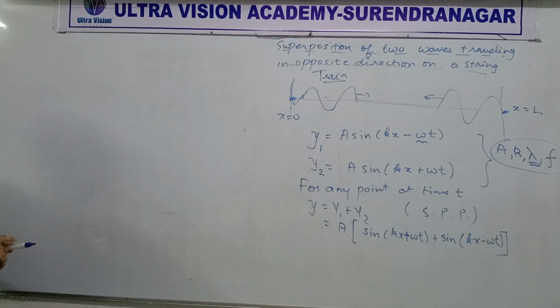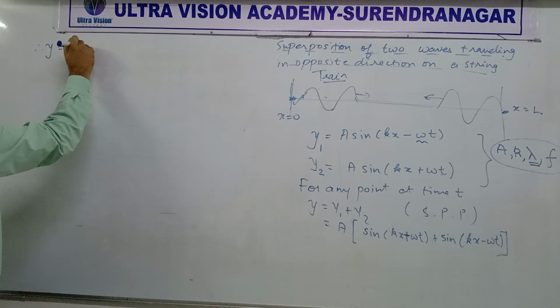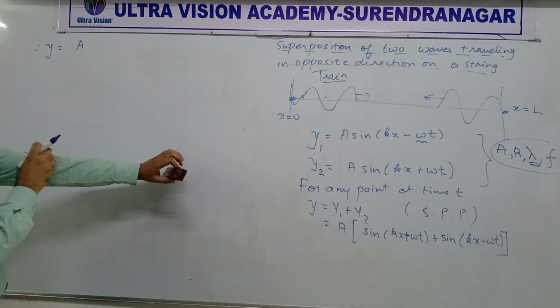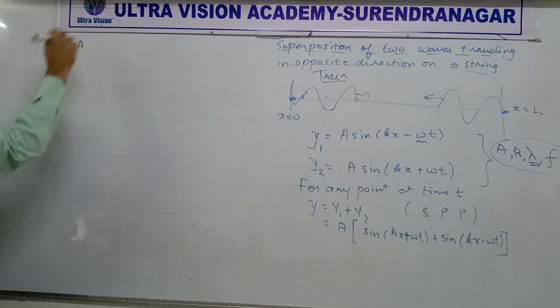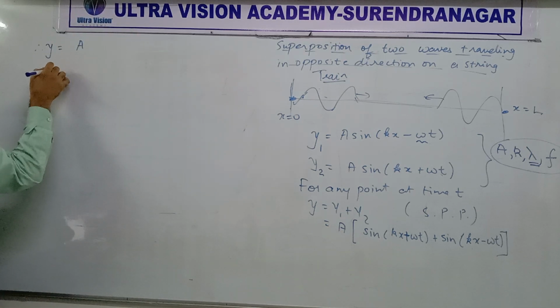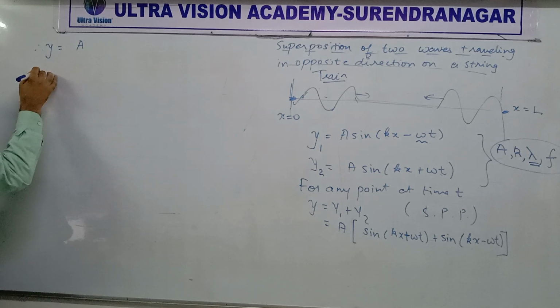So, what do we have here? Therefore, y is equal to, I'm sure math students would easily recognize this. It's a well-known trigonometry formula. For biology students, I'm writing the formula here. The formula is as follows.